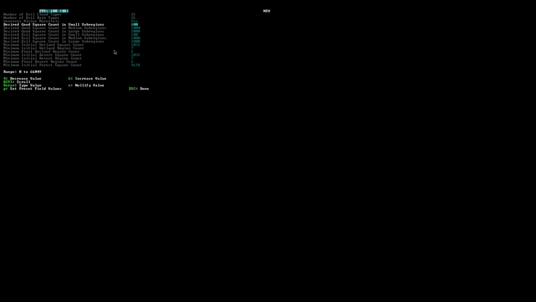Next, we have desired good square count in small sub-regions. Good square, good square, good square, evil square, evil square, evil square. The desired good and evil square counts will result in the change of the amount of good or evil tiles on the map.